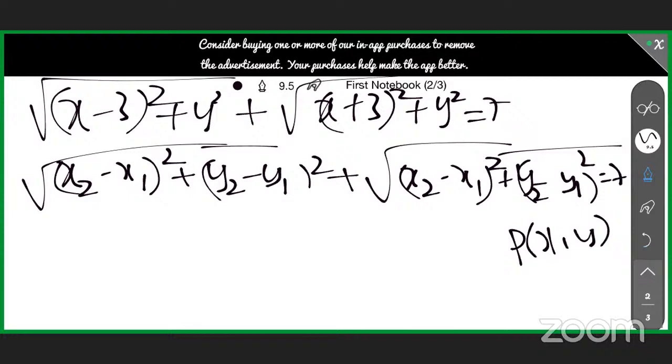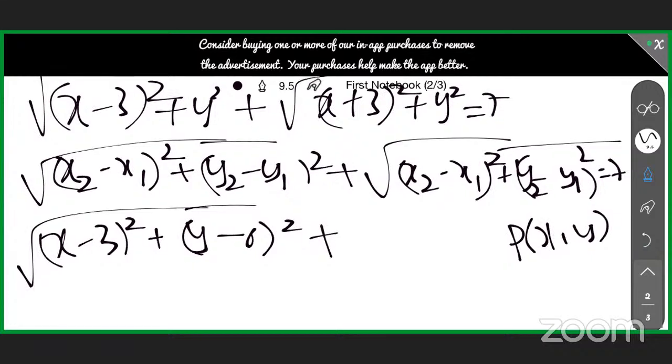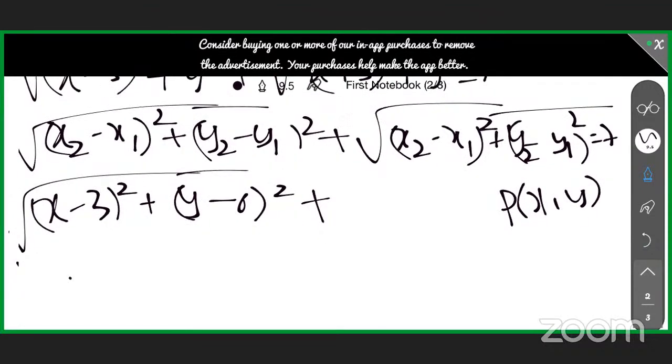Therefore, what happens here? X minus 3 whole square plus, x2 is y, I want y1, so minus 0 whole square, plus this will become again x2 is my x.